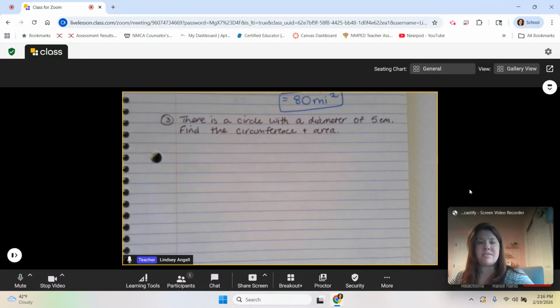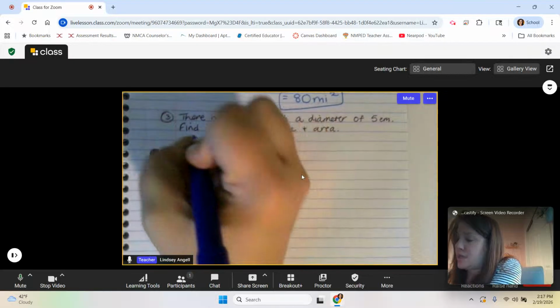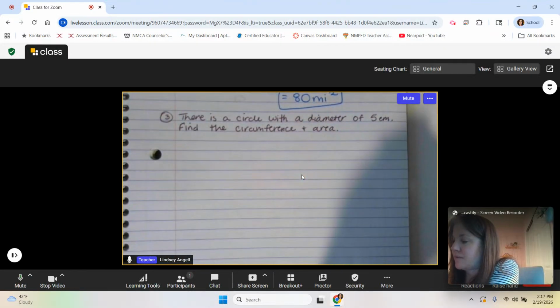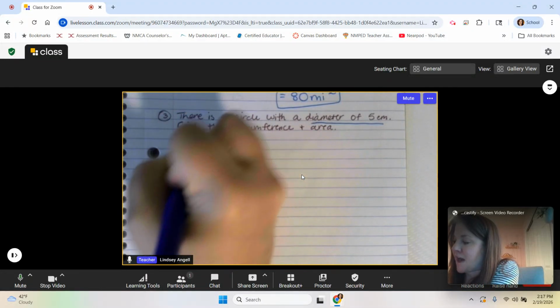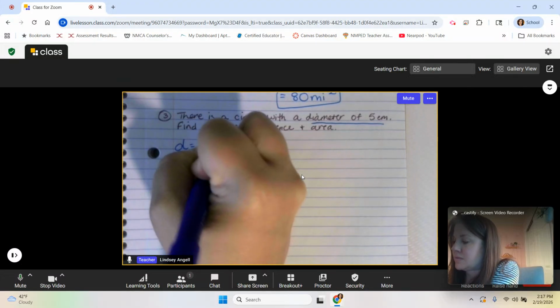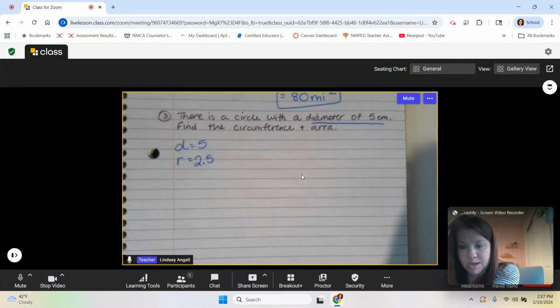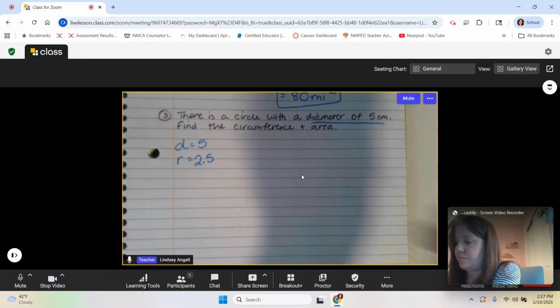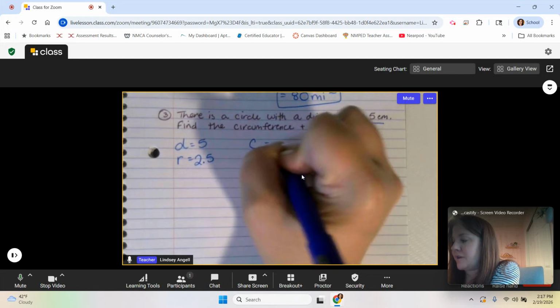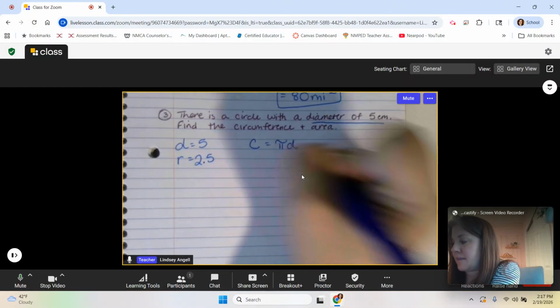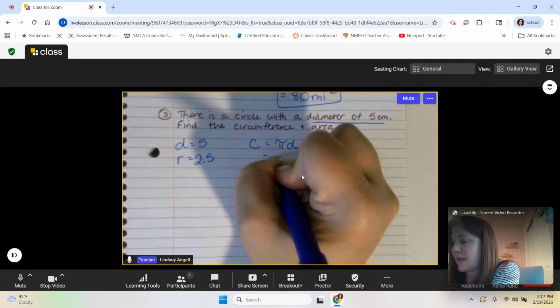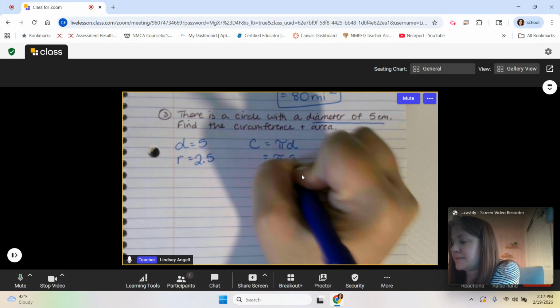With number 3, there's a circle with a diameter of 5 centimeters. Find the circumference and area. So we have to make sure that we have the right information. First off, we're given the diameter. So if we have a diameter of 5, that means the radius is equal to 2.5, because the radius is half of the diameter. Now when we're finding circumference, we can do pi times the diameter. That's one option. So we could say we have pi times 5.